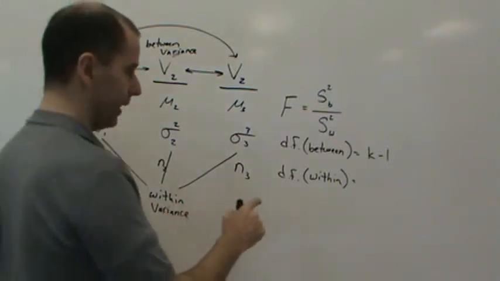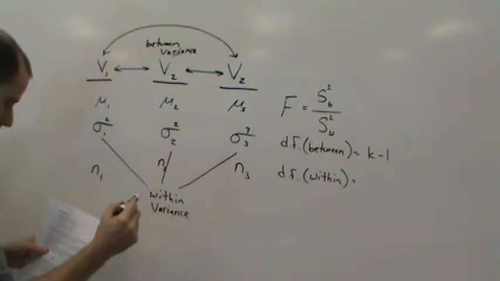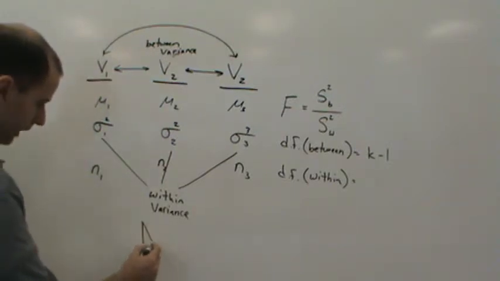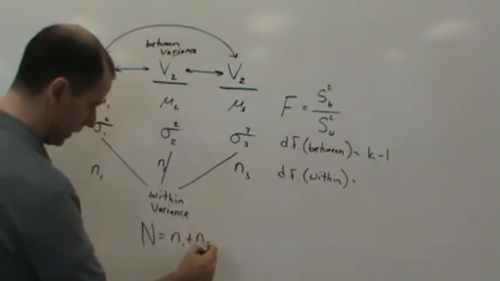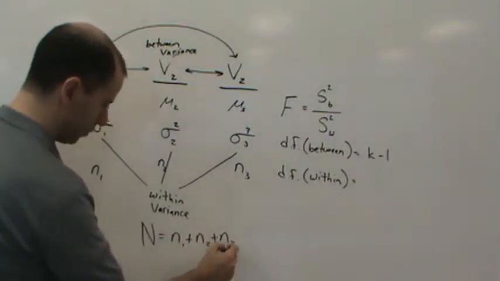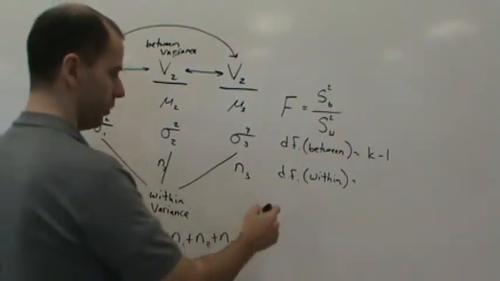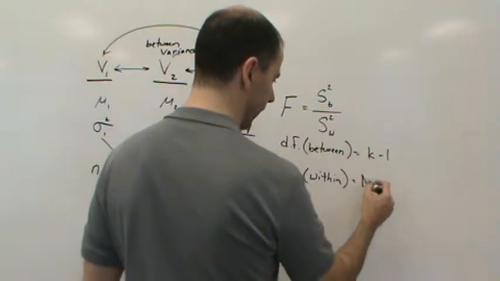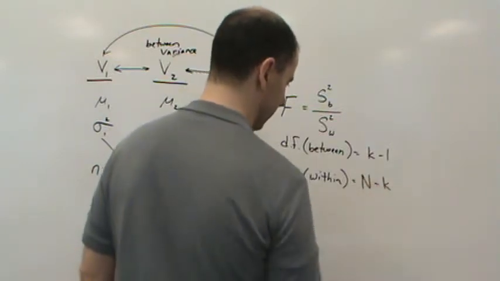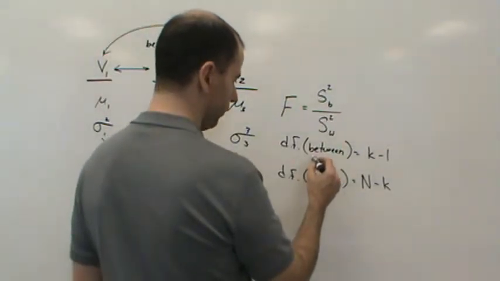So what we're going to end up with is capital N. We're going to call this capital N. So capital N is going to equal N1 plus N2 plus N3. And then we're going to subtract off the categories. So the degrees of freedom for the within variation is going to be capital N minus k.